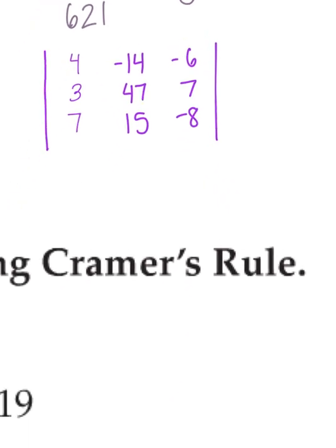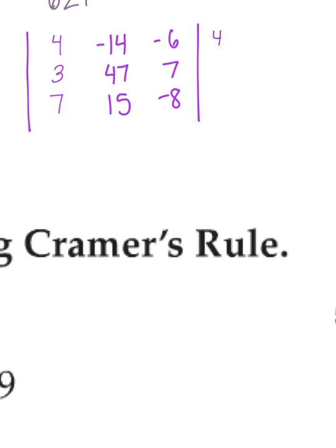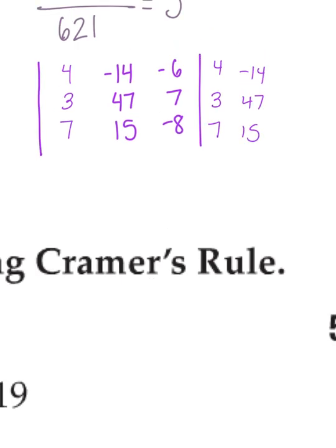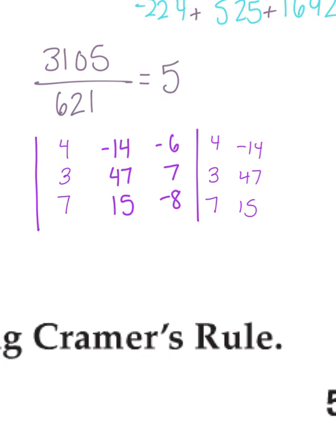Okay, again, I'm going to solve my matrix by copying the first two columns. And then multiplying my diagonals. So when I multiply here, I get negative 1,504.